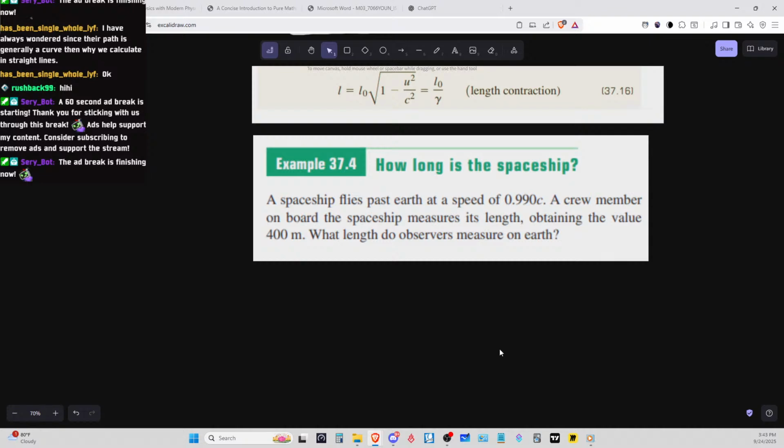Okay, so I'm guessing that's their interpretation. I think L naught is supposed to be 4.